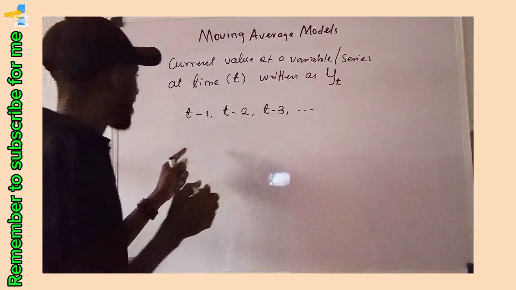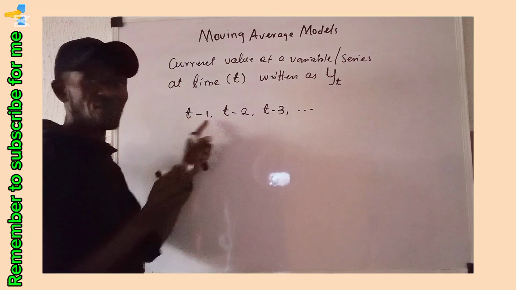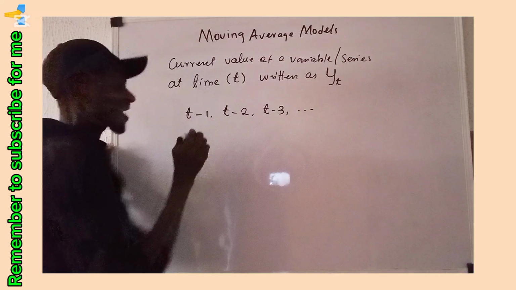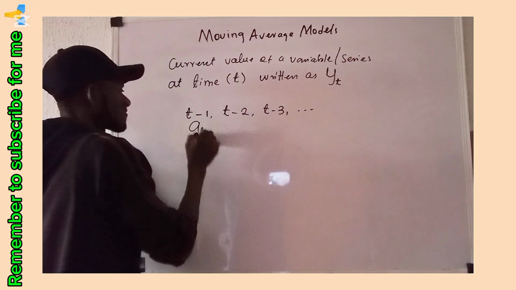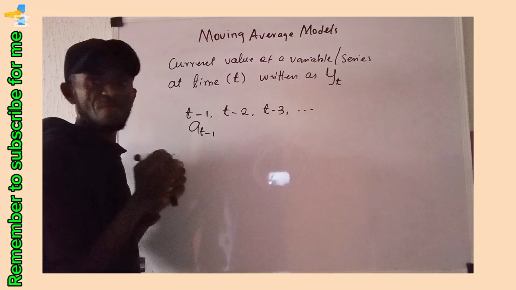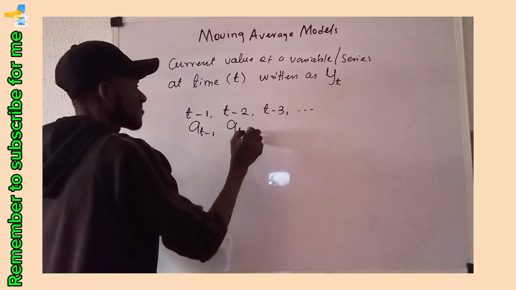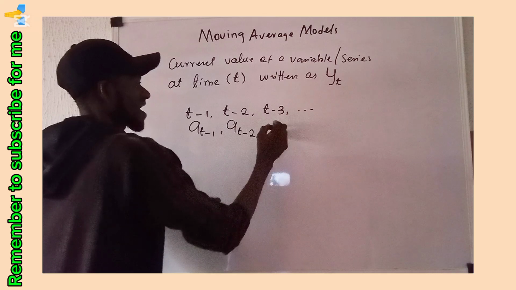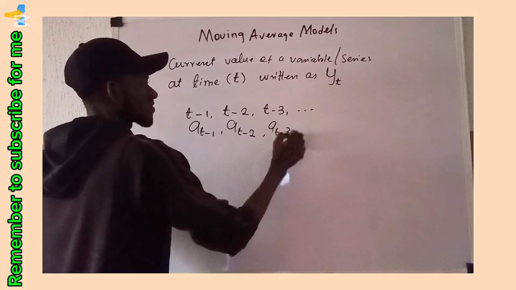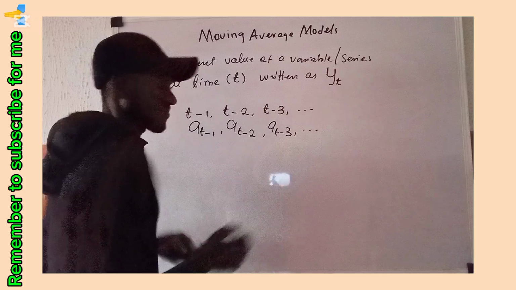The residual at t minus 1 will be written in this class as a of t minus 1. It will equally be written here as a of t minus 2, here a of t minus 3, down the line.